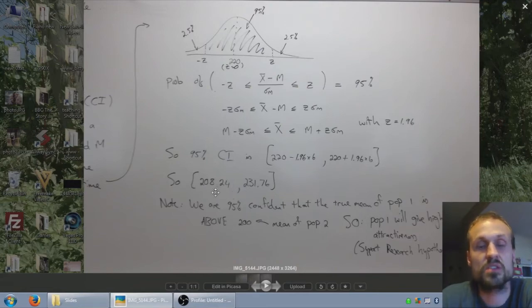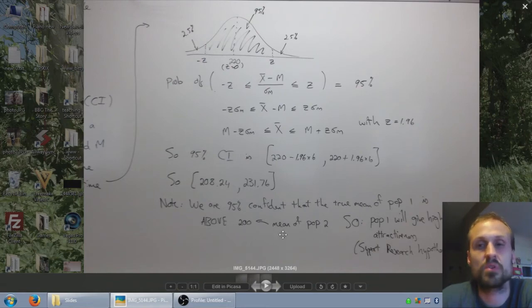But this starts at 208 and ends at 231. So this is only containing values above 200. 200 is on the left of this. This does not contain 200. So I could say that I'm 95% confident that the true population mean, which is in here, and therefore above 200.